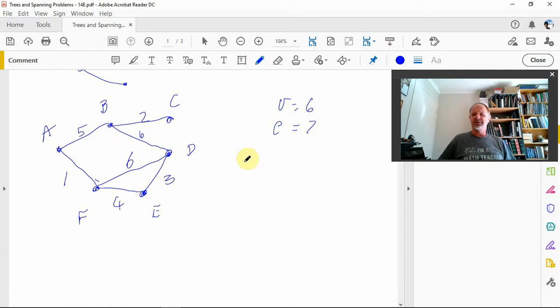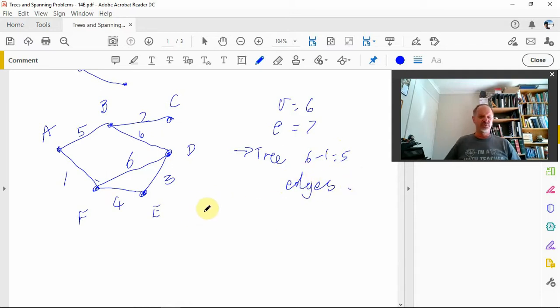So we want to convert it to a tree. And a tree has got to have 6, the number of vertices, minus 1 equals 5 edges, to turn that into a tree.